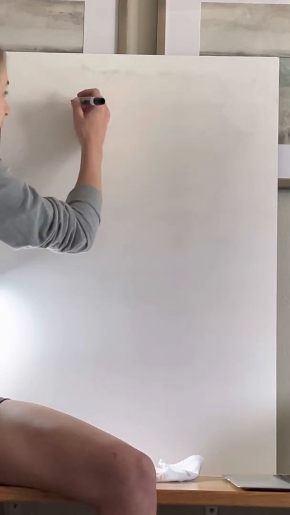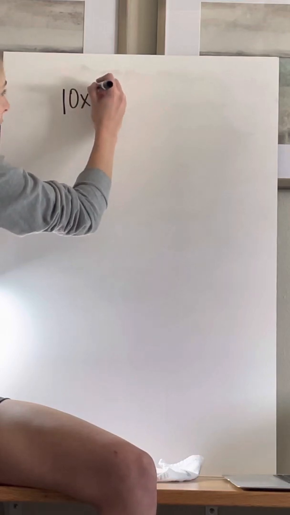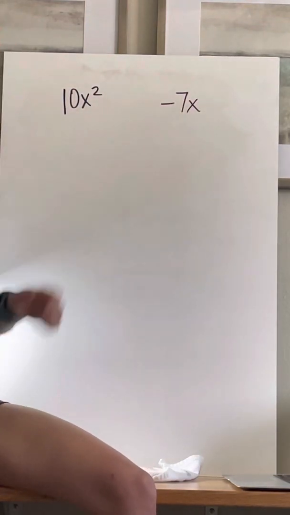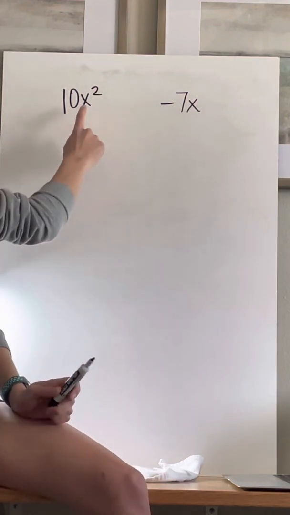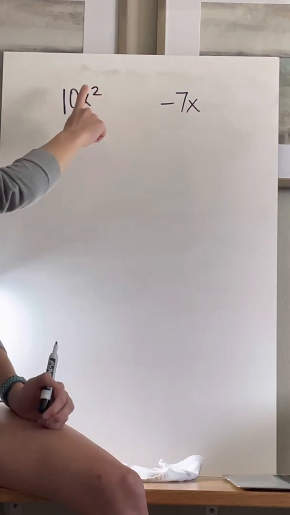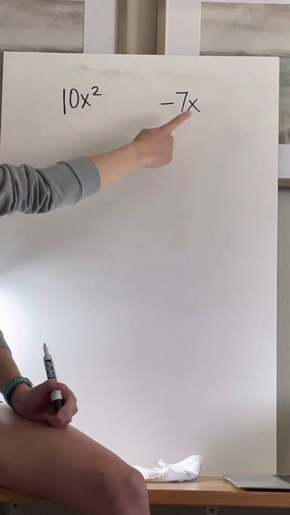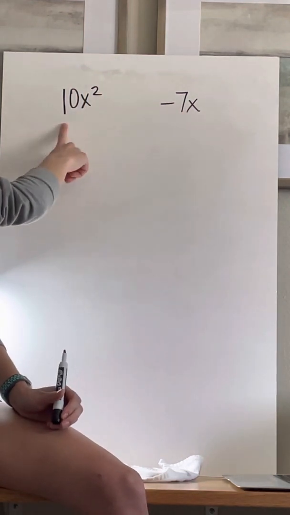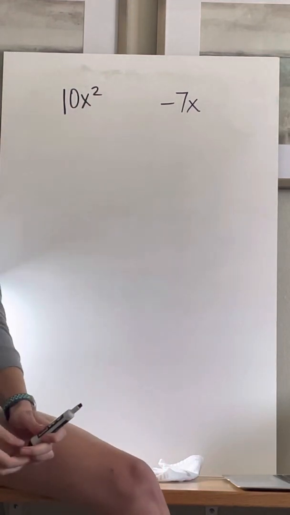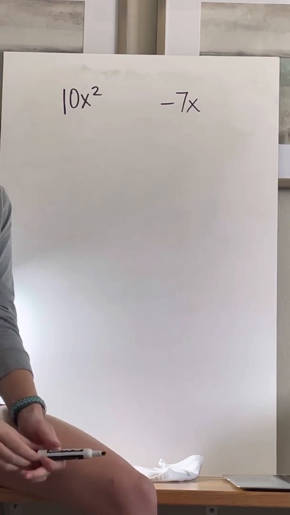So we have a positive 10x squared and a negative 7x. So far we've worked with a positive product and a positive sum, a negative product and a negative sum, and a negative product and a positive sum. So we haven't worked with this one yet, where it's a positive product and a negative sum.